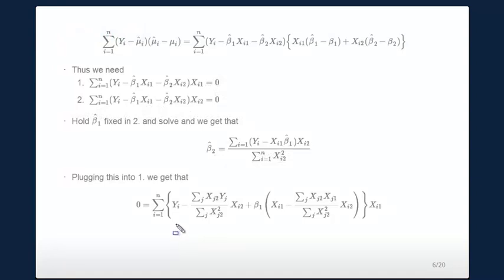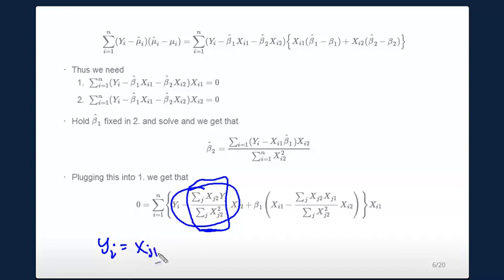Notice, what is this? This term right here is the slope estimate from the regression through the origin model of yi equal to xi1 times beta 1, let's say, plus error.